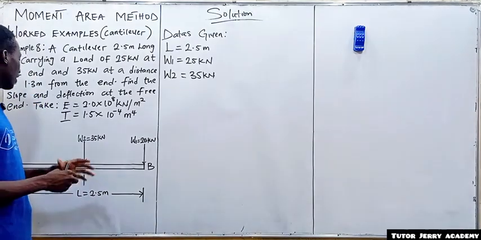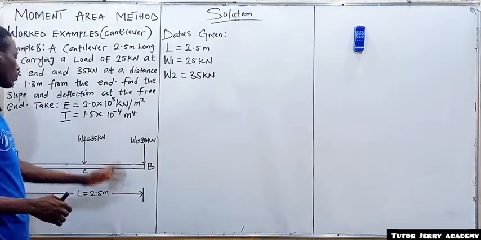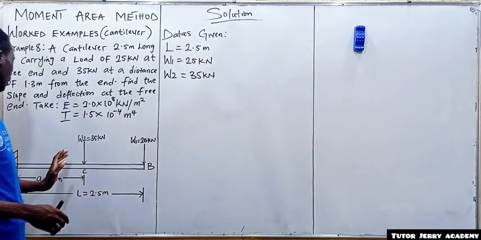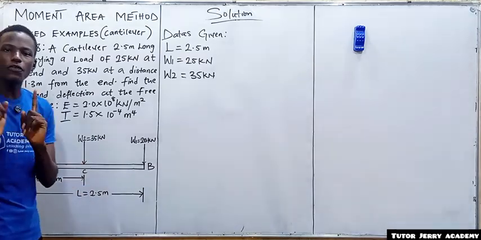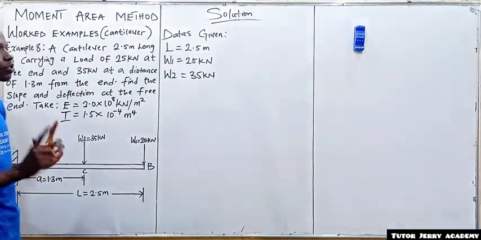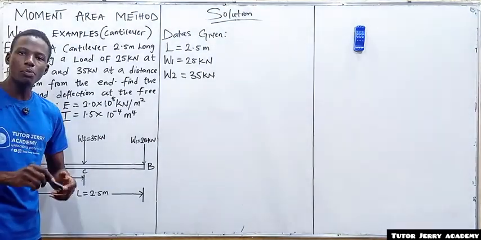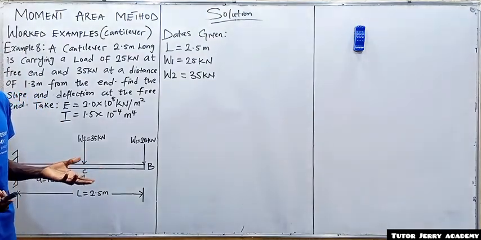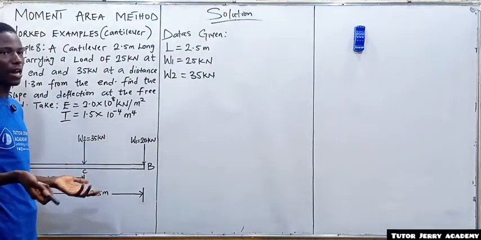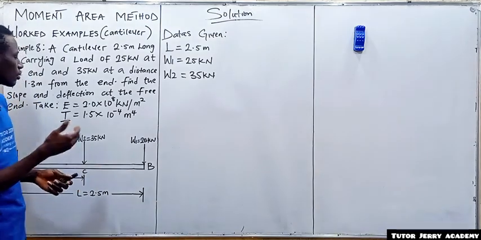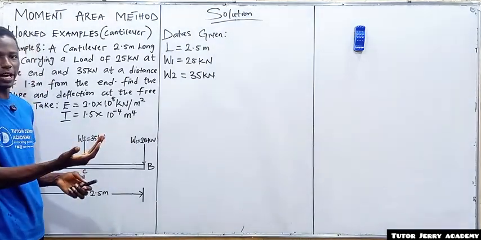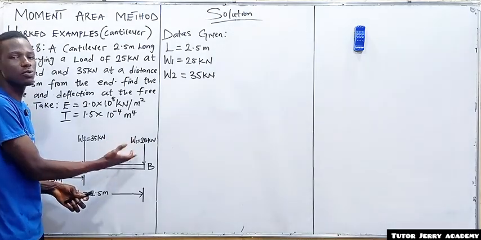When we considered a cantilever with a point load at a distance A from the fixed end, the maximum slope was nothing but WA square all over 2EI. Now W there is just the load. This can be W1, this can be W2, this can be W3.